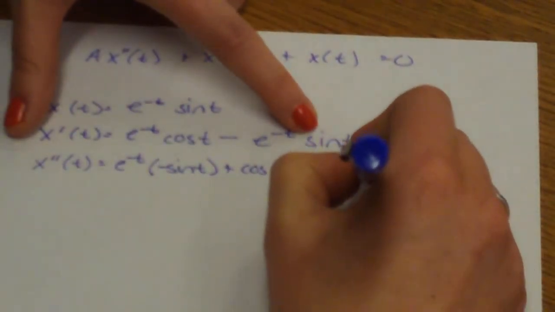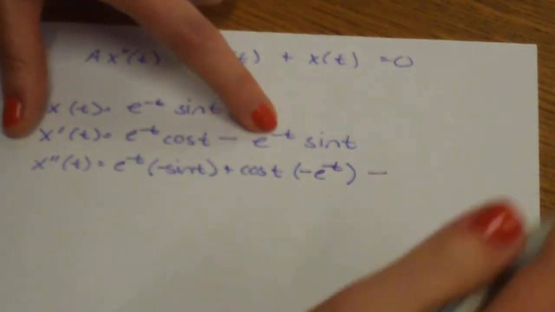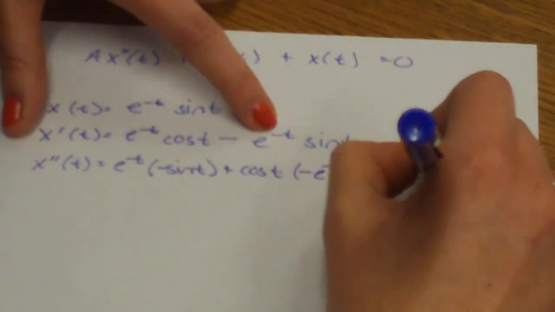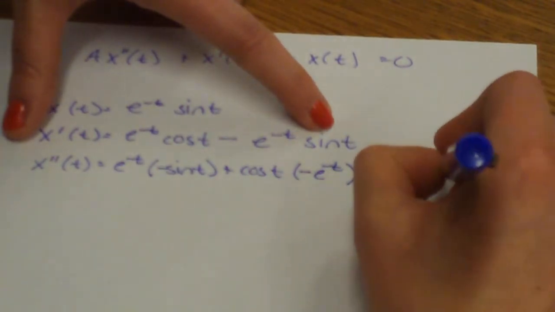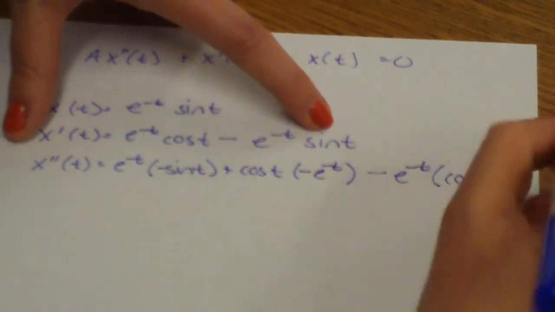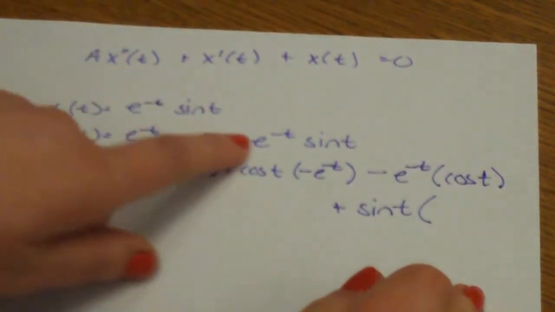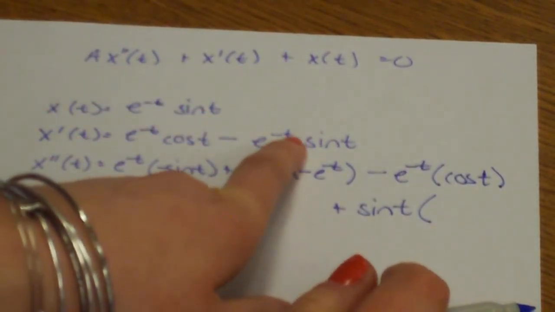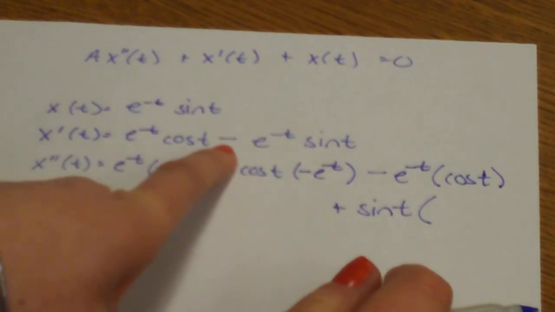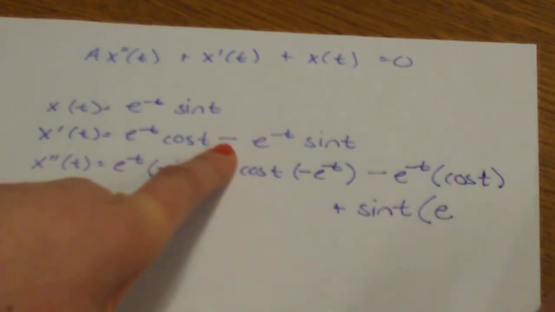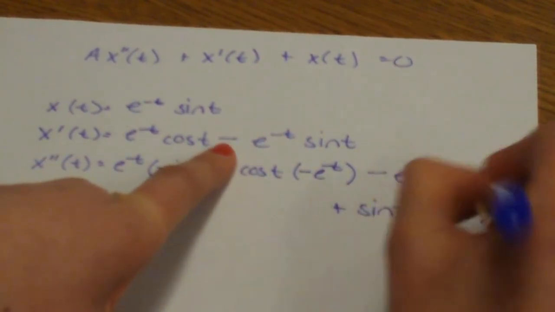Now minus, watch out for your negatives, e to the negative t times the derivative of sine, which is cosine t, plus sine t times the antiderivative of e to the negative t, which is negative e to the negative t, but I also have this negative here. That ends up as a positive e to the negative t.